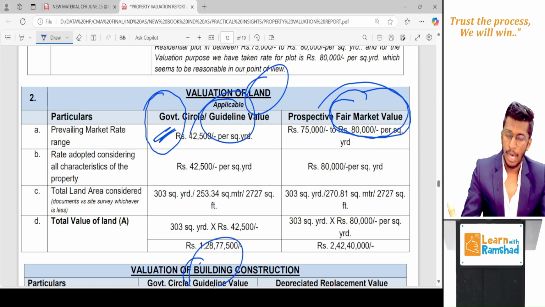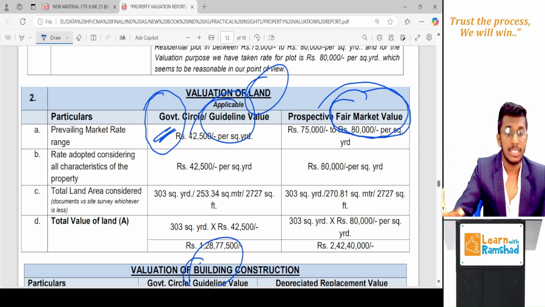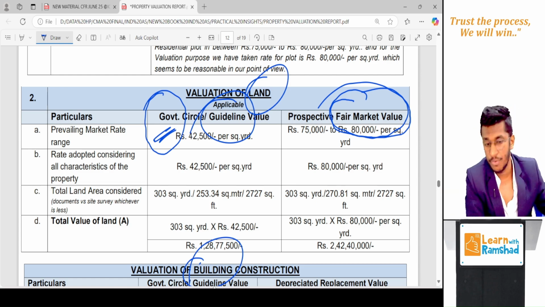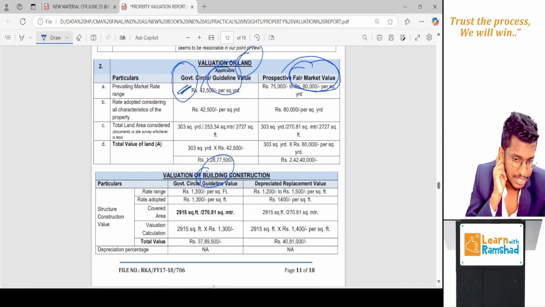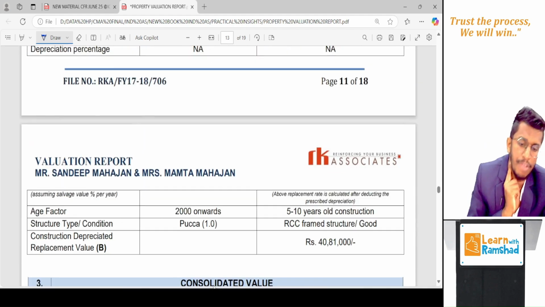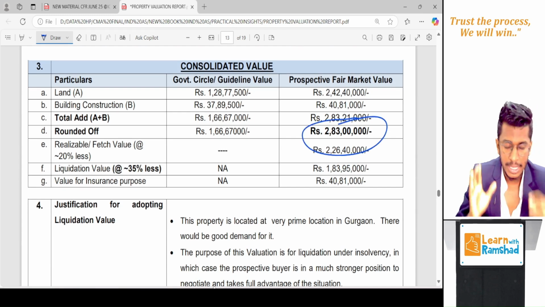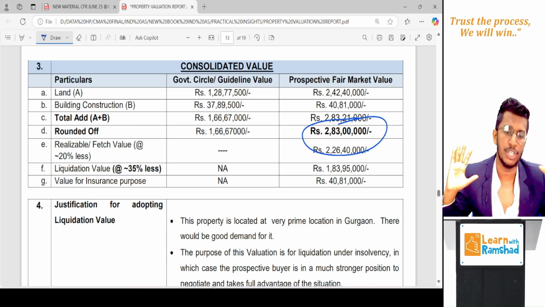So these registered valuers have their own statistics and modules and guidelines for fixing this kind of price. I'm not coming into those details. I'm just showing how they set some prices. Ready? Then they will give you a total value of that property. So what the company does is, the company will trust this valuation report.